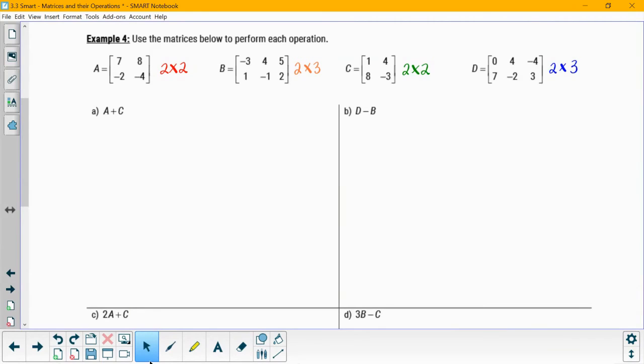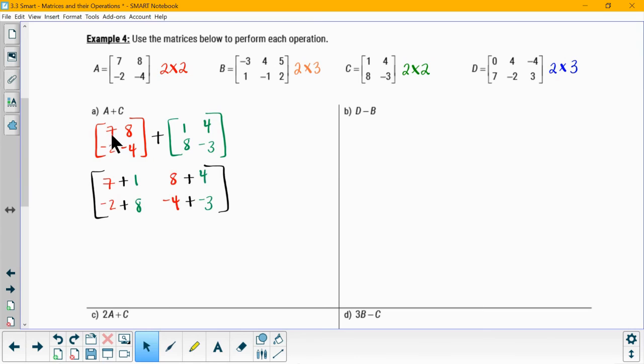Now let's get to adding and subtracting. I'm going to add matrix A to matrix C. So that's matrix A plus matrix C. So when I'm adding these two together, they do have the same dimensions. Now, why this is important is at every entry, we are going to perform the addition operation.